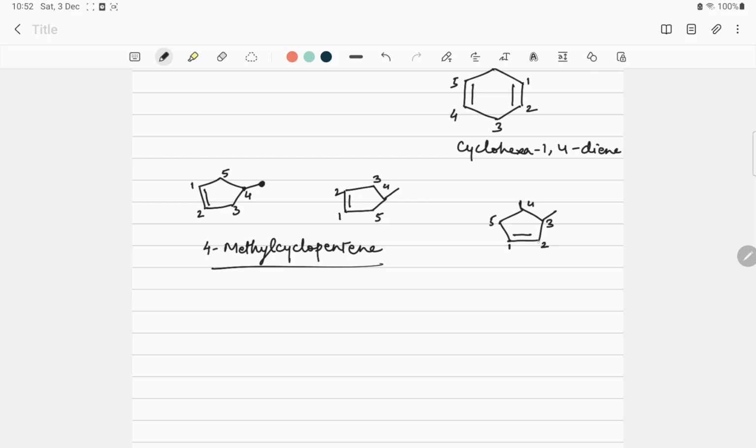If we start numbering from here 1, 2, 3, 4, then too it is the same. So, that is how we can number it in this way. What is the name of the compound? It is 3,4-dimethylcyclopentene.